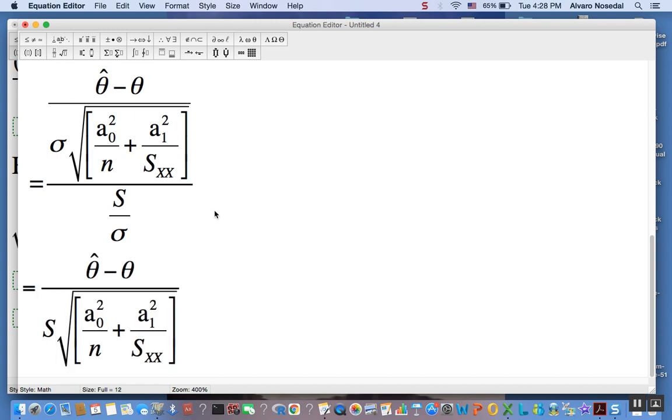And again, let me repeat the argument. When we do the algebra, we're going to multiply sigma times theta hat minus theta, and then s multiplies sigma times the square root of all this, right? But then the sigmas cancel out, and we only have s times the square root of a0 squared divided by n plus a1 squared divided by sxx.